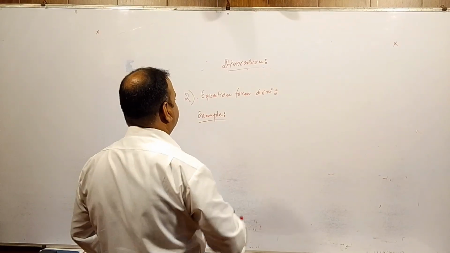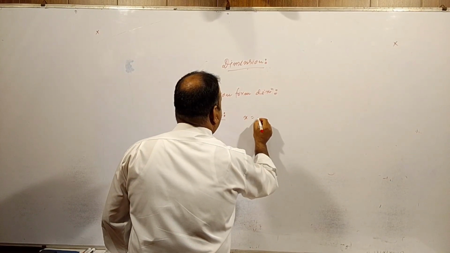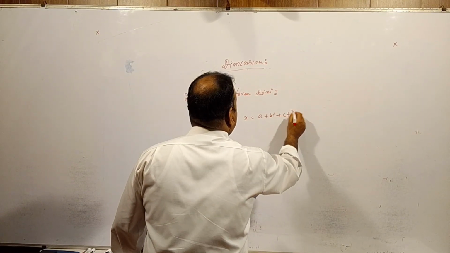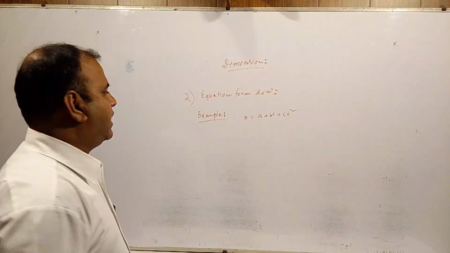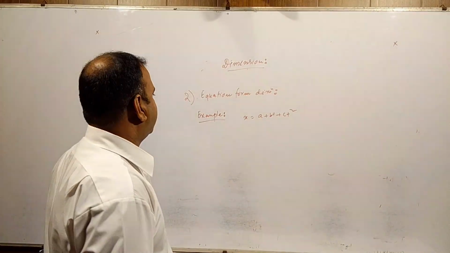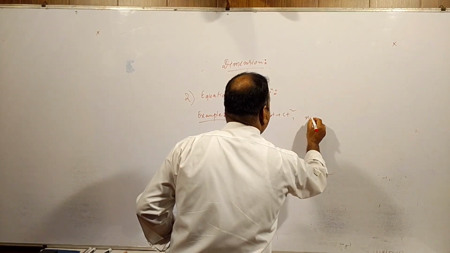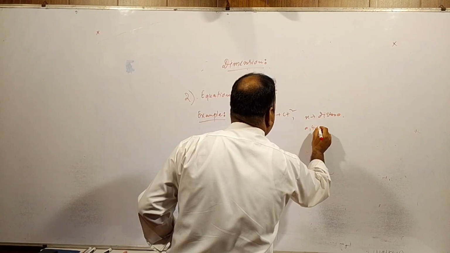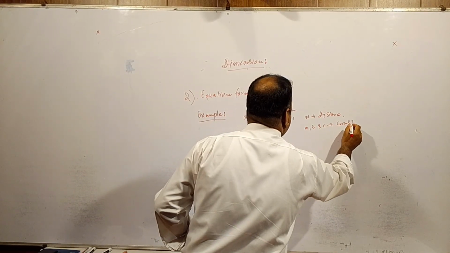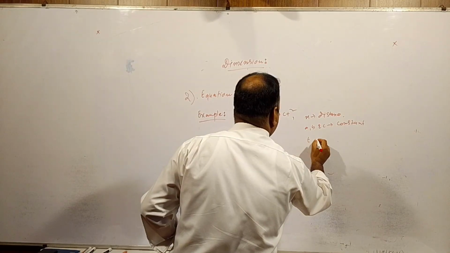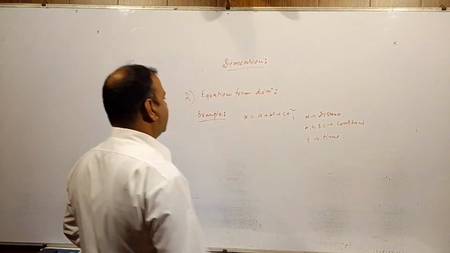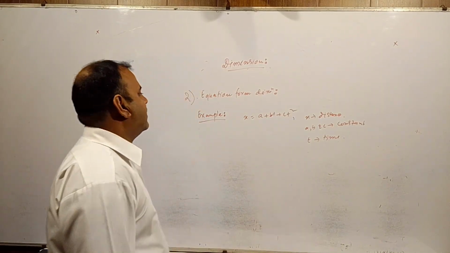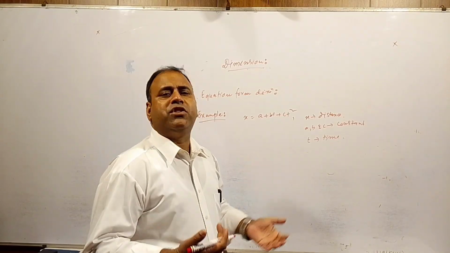Suppose you are given x is equal to a plus bt plus ct square. This is a kind of equation given to you, and here remember x is a distance, a, b and c are constants, and t is time. So when we are talking about x is equal to a plus bt plus ct square, we have to use the homogeneity principle.